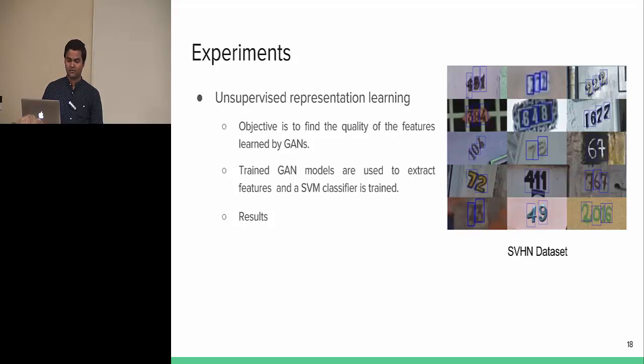So if the SVM classifier is able to really distinguish, is able to classify, then the features that are learned are a good representation of those images. I mean, that's not a big deal, right? I thought a bigger test would be that you train on the synthetic and then test on the real.